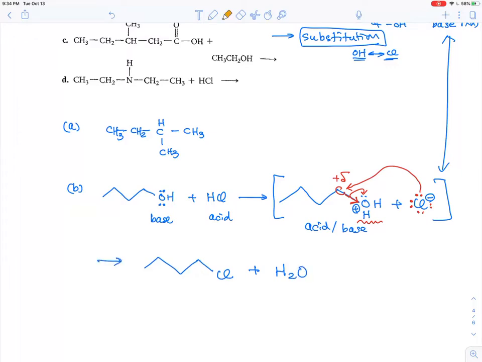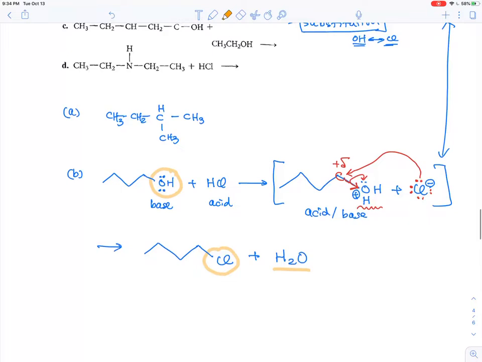And as far as the before and after scenario, this 4-carbon butane with an OH at the end has a product with chlorine at the end, leaving the water as a side product. And so that's why when you have an alcohol with the HCl, the final product is essentially substitution.